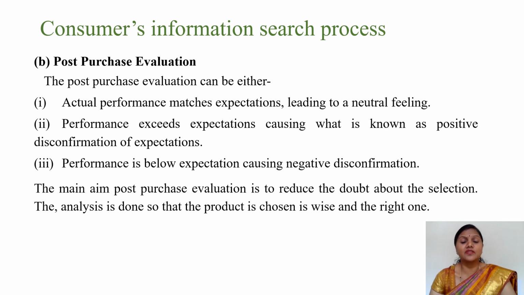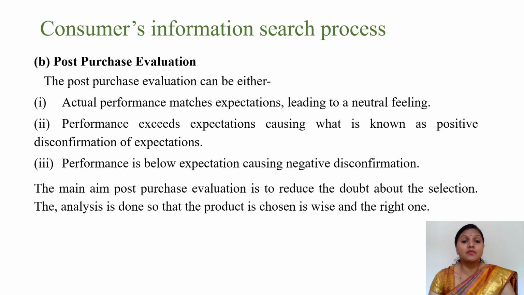He will also go on telling his friends that he collected positive information about the product, but when he bought and used the product, the performance was not so good. So it will have a negative impact on other customers also. So three types of situation are possible.